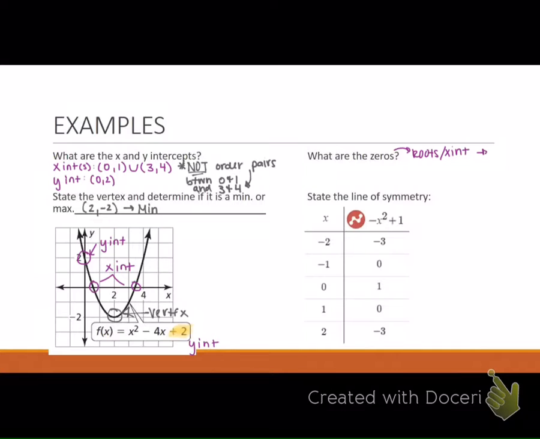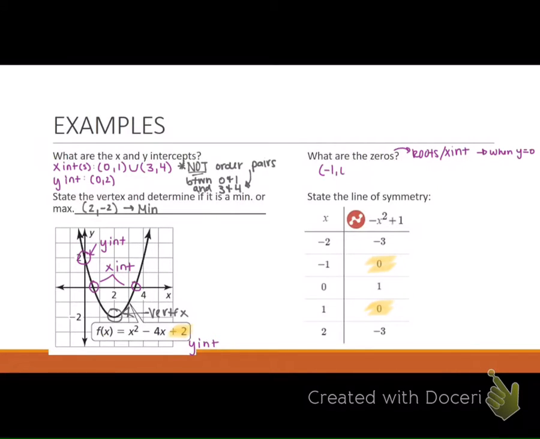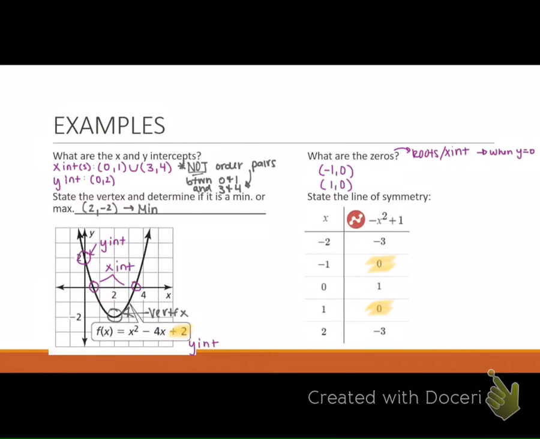We look for when y equals 0. So y is 0 here and here. It is not asking for a y-intercept, it's asking for an x-intercept when it says zeros. So my zeros are at -1, 0, and 1, 0.